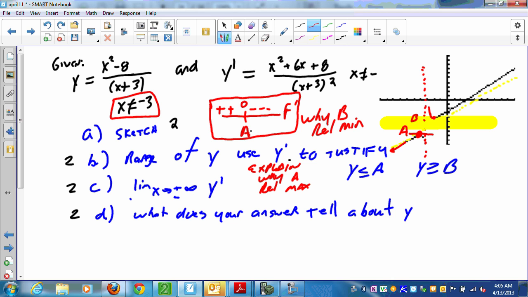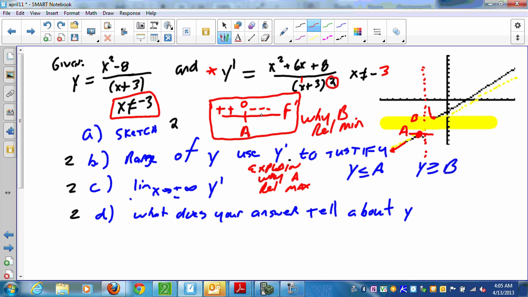Alright, so let's go on, take a look at C. Part C says, what's the limit as x approaches positive or negative infinity of the first derivative? So we need to use the derivative formula given to us up here. And you look at this, and you can see that the highest degree in the numerator is x squared, and in the denominator it's just an x, but remember, if you FOIL that out, it will become 1x squared.